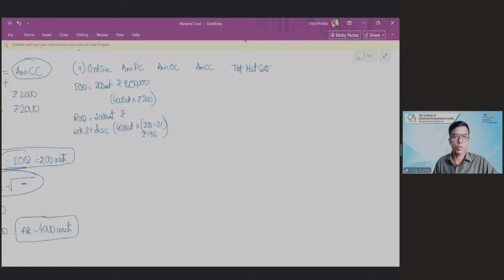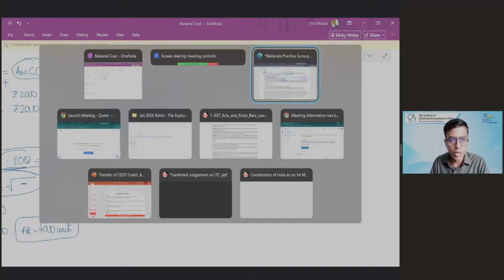So this is going to change for the first time. And yes, Ishwarya, this is the differentiating point number 1. Yes, Satish. Now, ordering cost is AR upon order size into cost per order, which I suppose was 100.